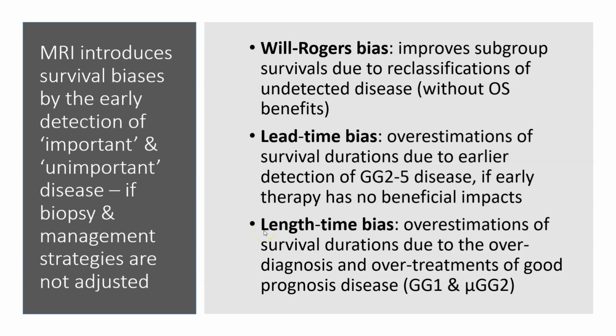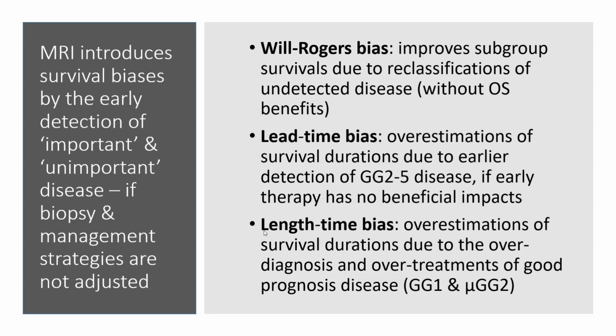So to summarize, MRI introduces survival biases by both the detection of important and unimportant disease if the biopsy strategy is not adjusted. The Will-Rogers bias is improved subgroup survivals due to reclassification of undetected disease, remember, of both important and unimportant disease.